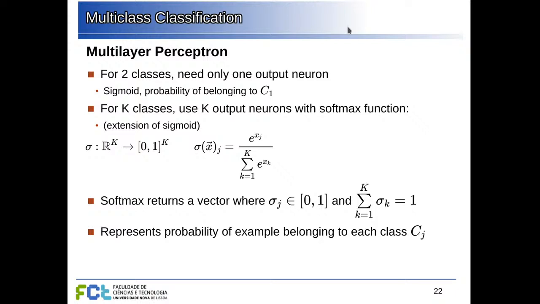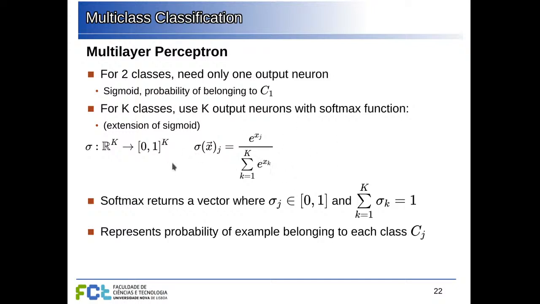If you have k classes, you can use k output neurons, so 1 for each class, and then the output of the network can be computed using this softmax function. So basically, you take the sum of all the activations, all the sigmoid activations, and you normalize it.